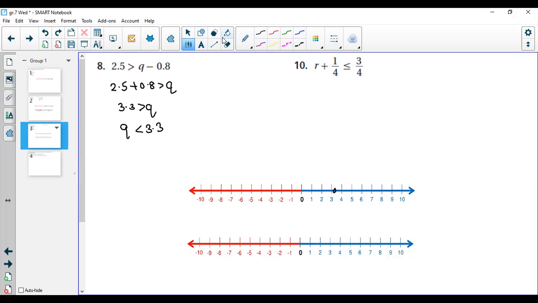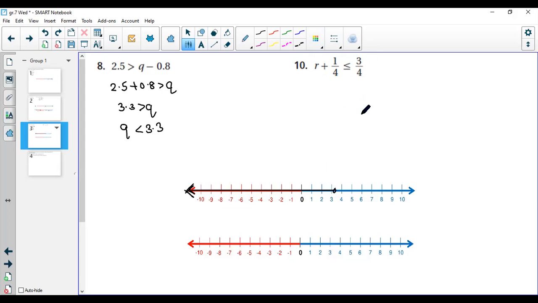So it has to be q is lesser than 3.3. So it needs to move to the left. L for lesser, L for left. It moves to the left, which means q can be any number in this area which the arrow is moving on. q can be negative 5, q can be negative 2, any number.